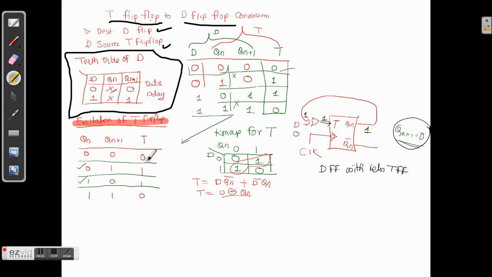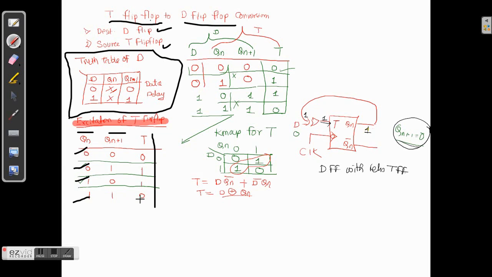For the excitation table of T flip-flop, we have two inputs, Qn and Qn plus 1, and the combinations are 00, 01, 10 and 11, and T values are 0, 1, 1 and 0.